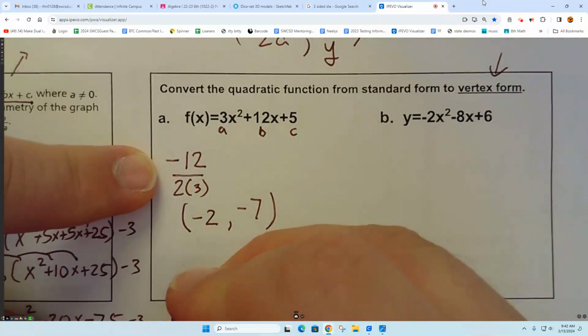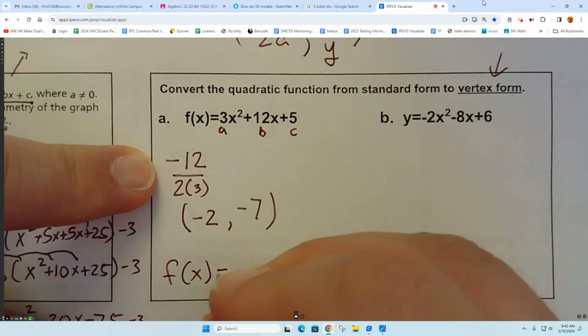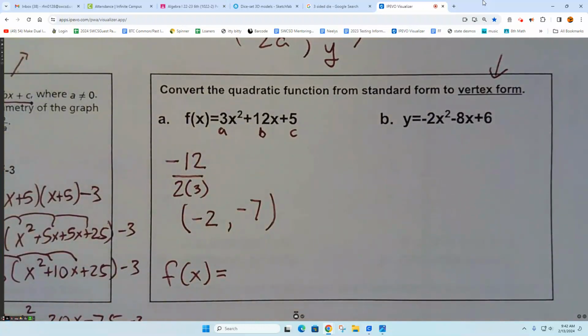Now I can say f of x equals, what are the 3 parts to vertex form? It would be like a parentheses x plus, then to the second power plus y. Love it. So can you tell me what we know and what we don't know? Wouldn't it be like x plus 2?